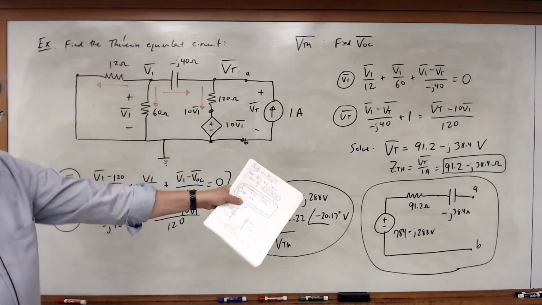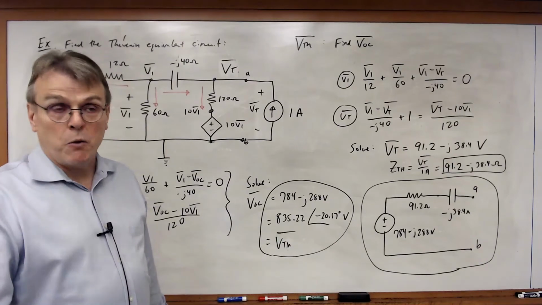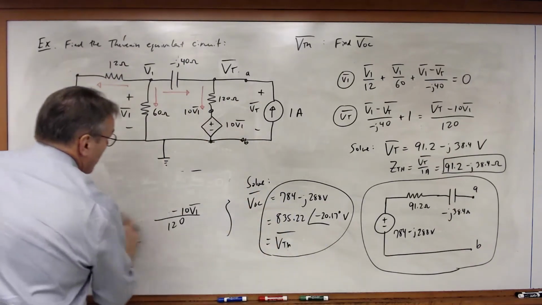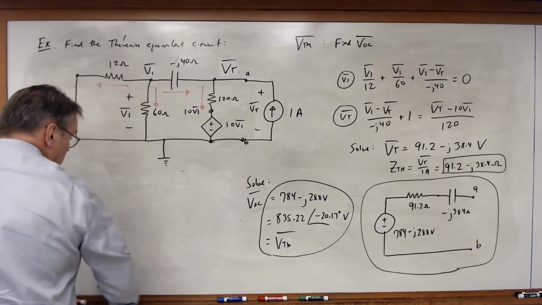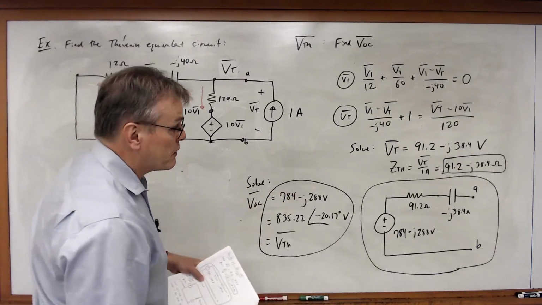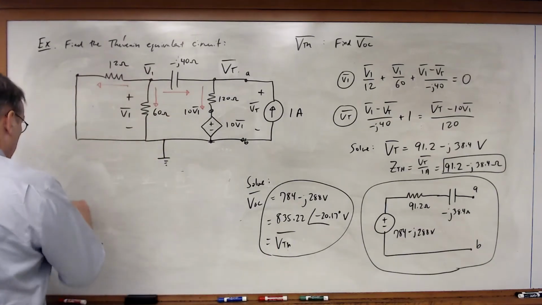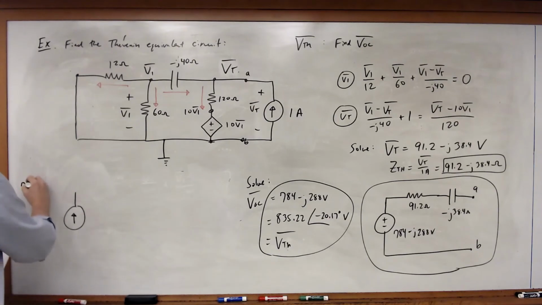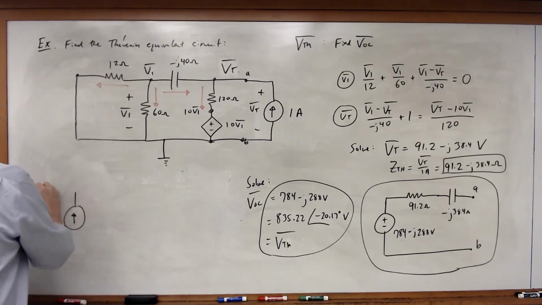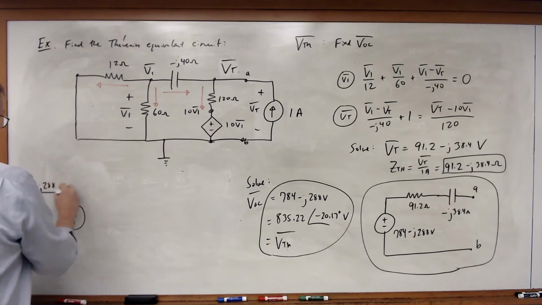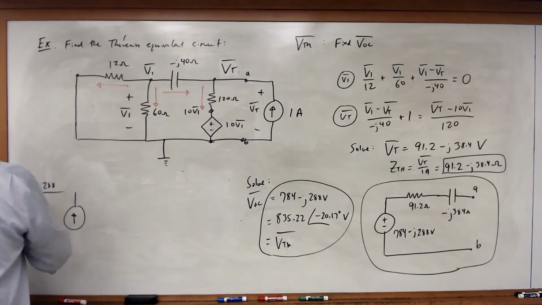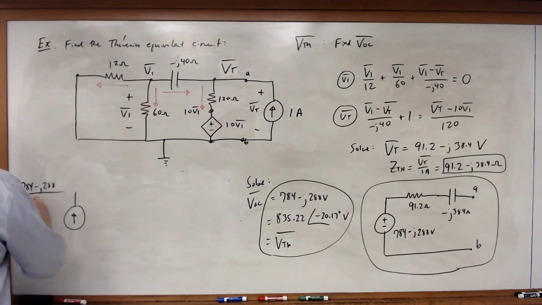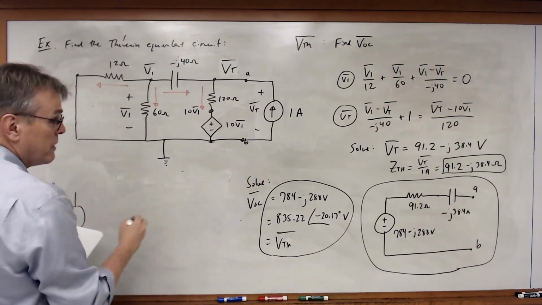Now from here, given the Thevenin equivalent, I can easily find the Norton equivalent. All I have to do is apply the source transformation technique. And so I'm going to have a source which is equal to 784 minus J288 divided by 91.2 minus J38.4.